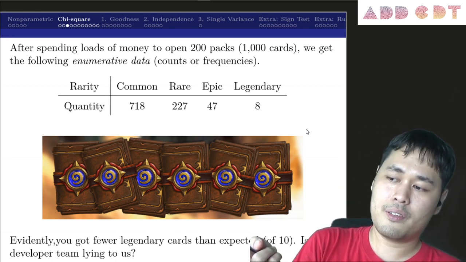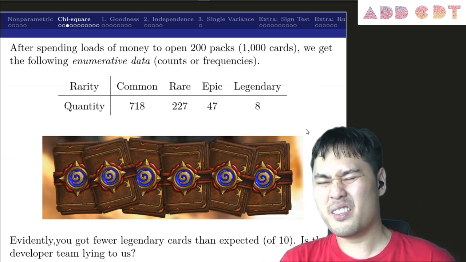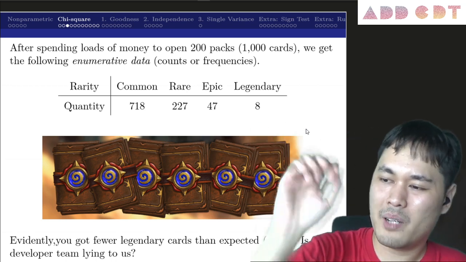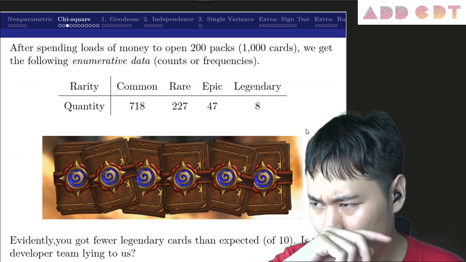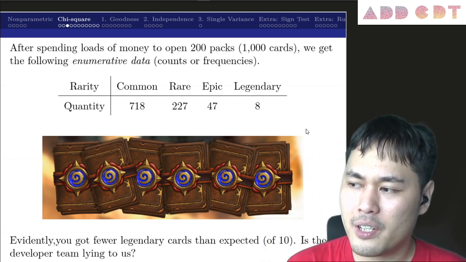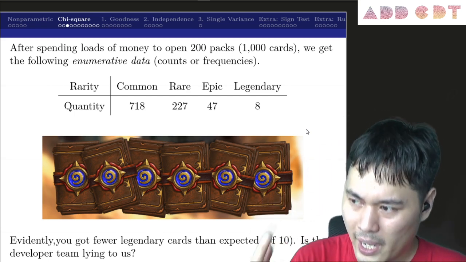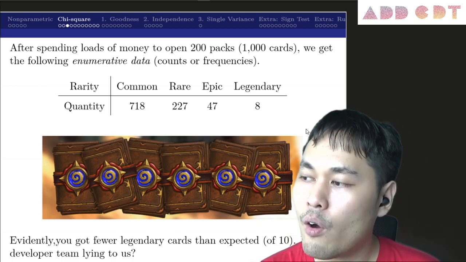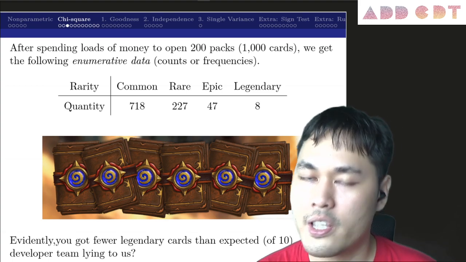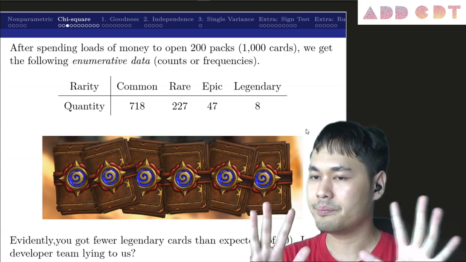So you look at this and say, this doesn't quite match the number that they gave you, right? And if you do the math, if there is actually a 1% chance to get a legendary, then out of 1,000 cards, you should get 10 legendaries, right?